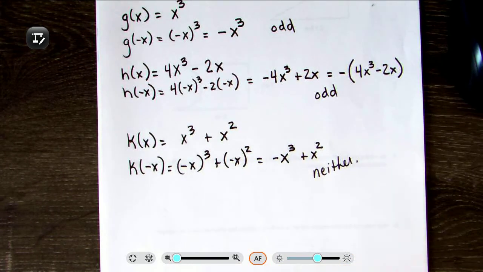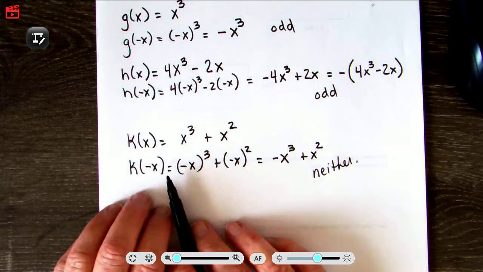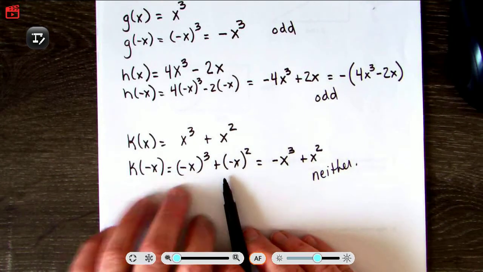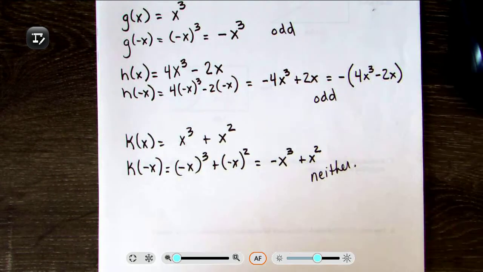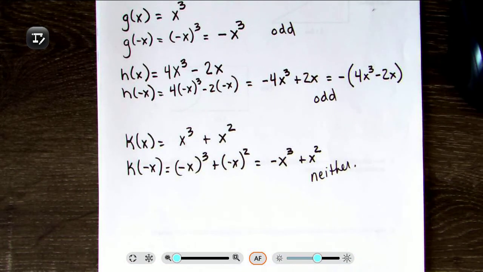So hopefully you can tell by either checking with the formulas, substituting in that negative and seeing what happens, or by looking at the graph. If it's symmetric with respect to the y-axis, that folding mirror image along that y-axis, it is even. And I keep a couple examples in my head to help me.